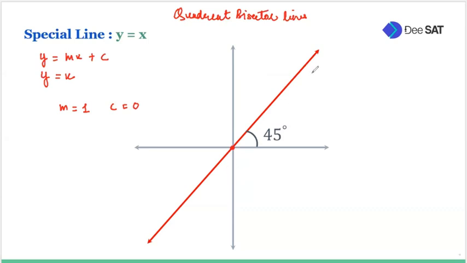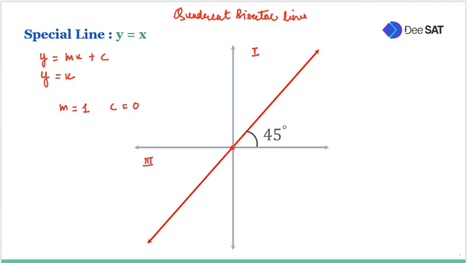Now, please understand, it is also called a quadrant bisector line. The reason for that is it bisects quadrant number 1 and quadrant number 3 into two equal parts, making an angle of 45 degrees with it. That means it splits these two quadrants into two equal parts.